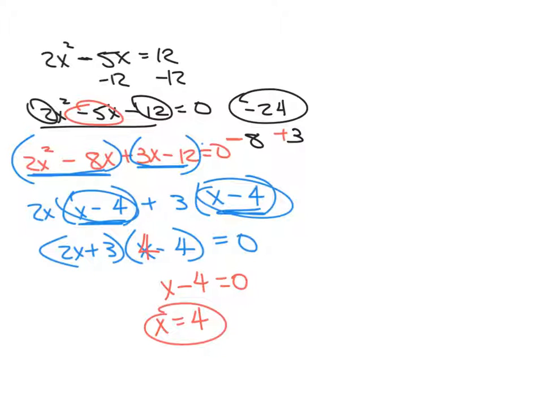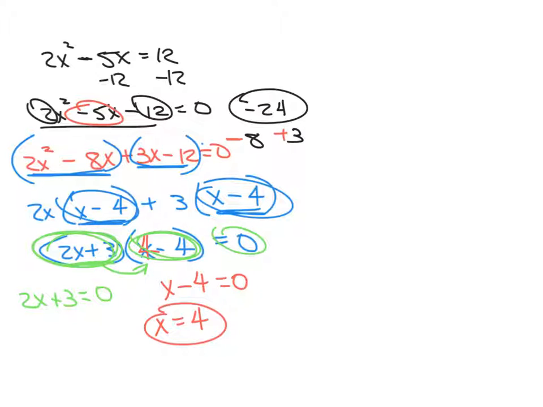So let's, I can't just get rid of stuff. Let's use some green here. So 2x plus 3, that could be 0. So 2x plus 3 equals 0. Okay, so if this comes together and gives me 0, and I multiply it by this number, whatever it is, I should get 0.